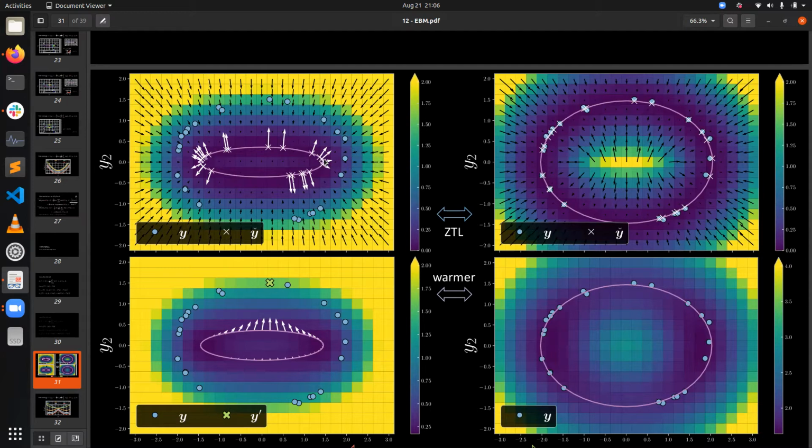And probably the reason why it happens is in the training procedure they follow.